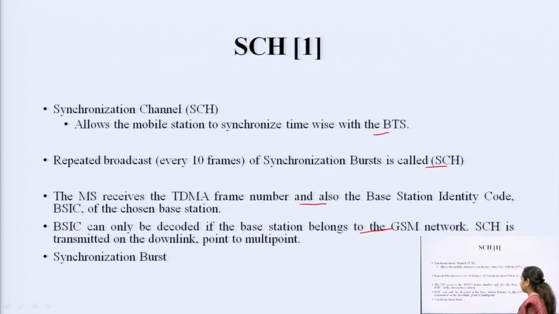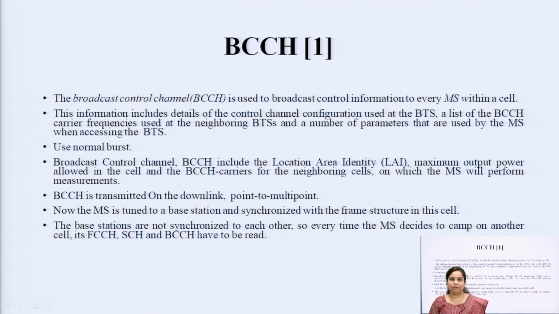The MS receives the TDMA frame number and also the base station identity code BSIC of the chosen base station. That is the identity of the base station with which the transmitter is transmitting the information.